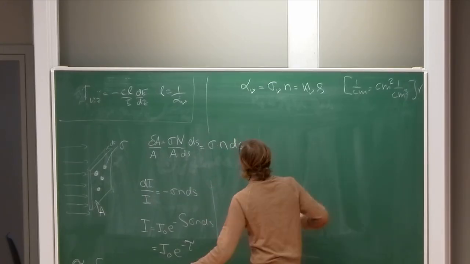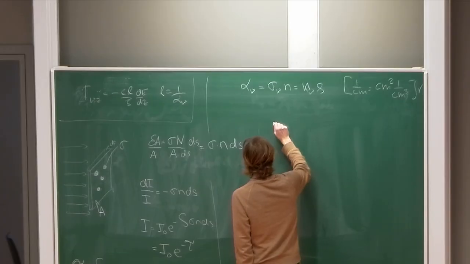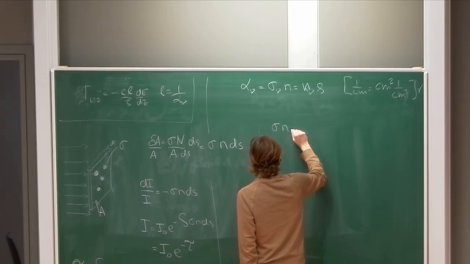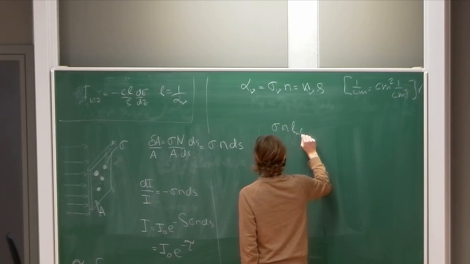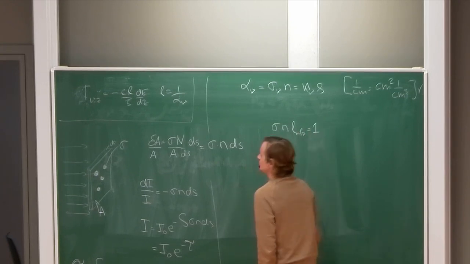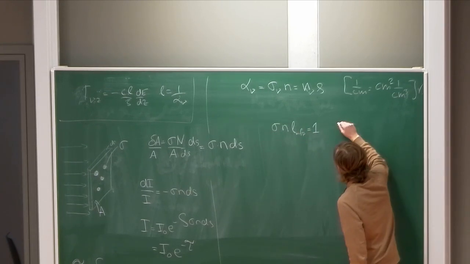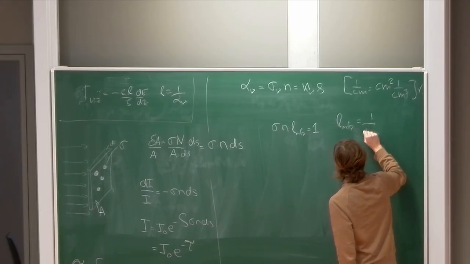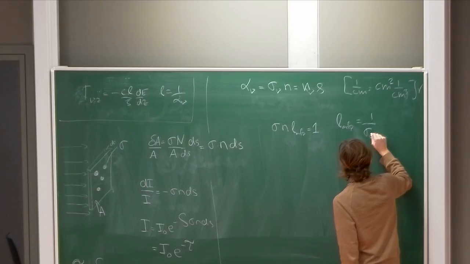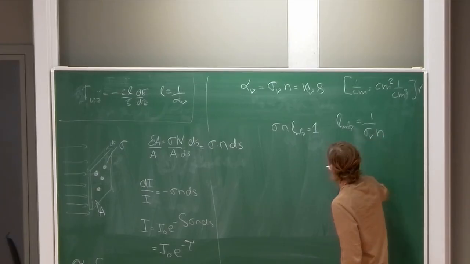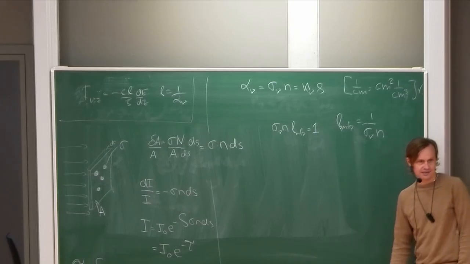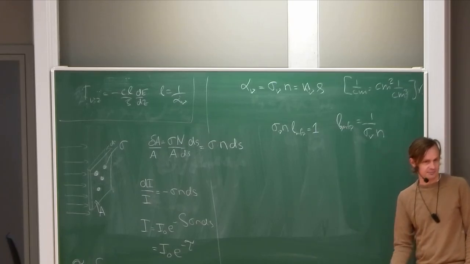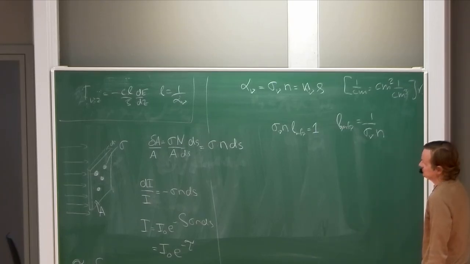So that would just be sigma n L, we call it mean free path, is just unity. So this is how we see that the mean free path is just 1 over sigma nu times the number density, if we want to put the nu indices there. Because, of course, this can also be frequency dependent.